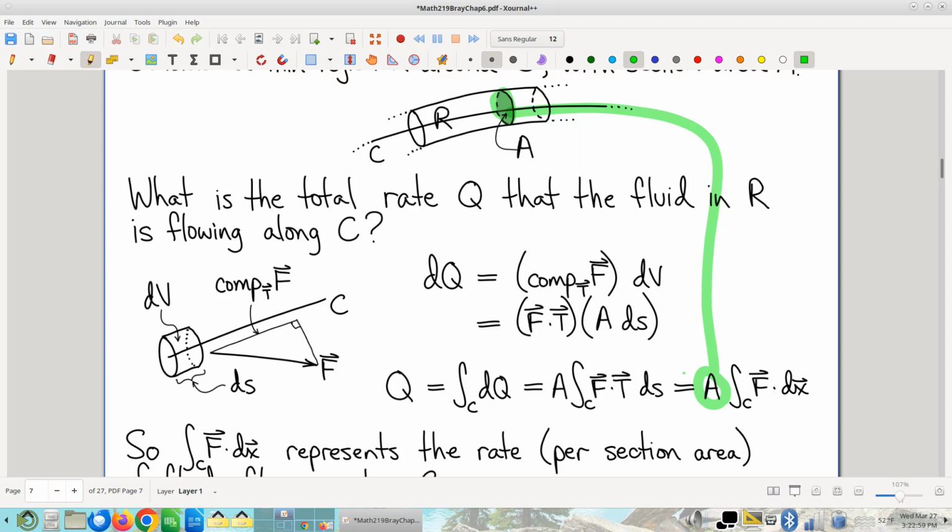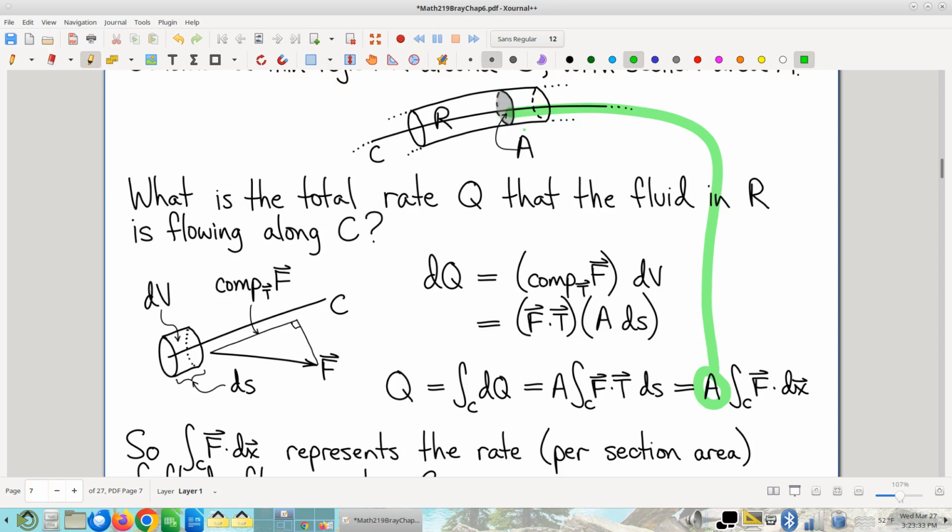So of course it should be proportional to area. A better way perhaps to think about this question is not how much actual fluid is moving along the curve, but, since area is obviously going to be a factor, let's talk about how much of this fluid flowing along the curve there is per unit area. That's a way of getting rid of this area factor so it's not messing up our result.